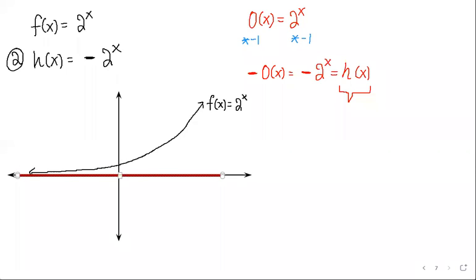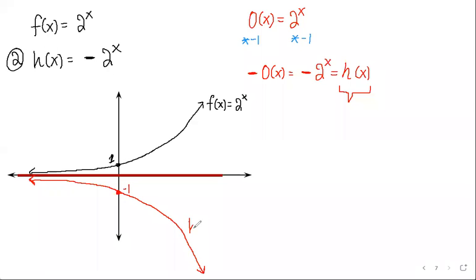So this point here, which is 1, now becomes -1. All these points become like this, and this point becomes like this, close to the x-axis.